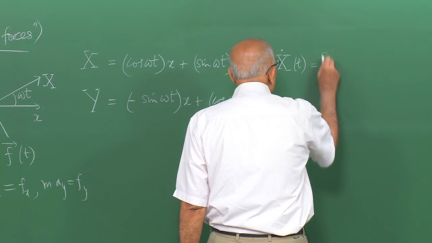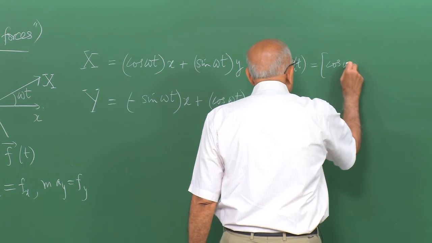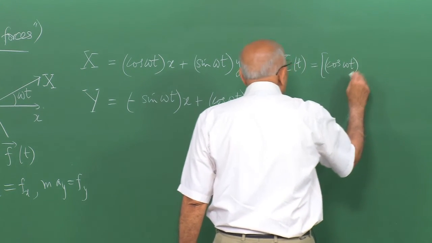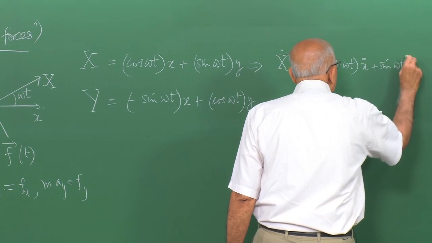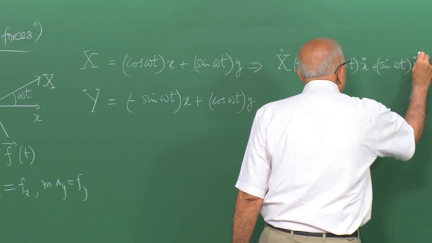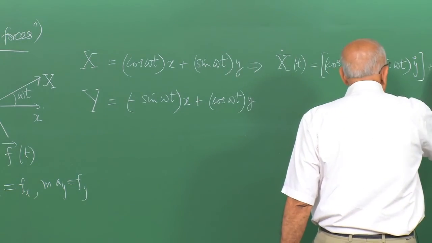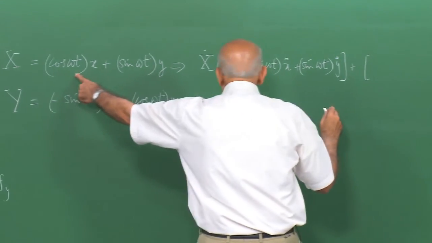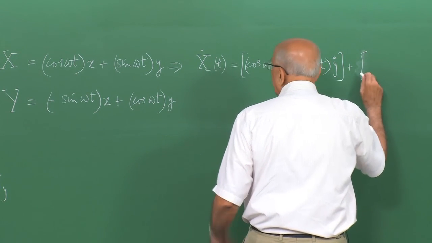So this is equal to, and let us put brackets to combine terms together suitably, cos omega t times little x dot plus sin omega t times little y dot, and then there are two other terms which are plus. So we have an omega coming out, so plus, let us put the omega inside.